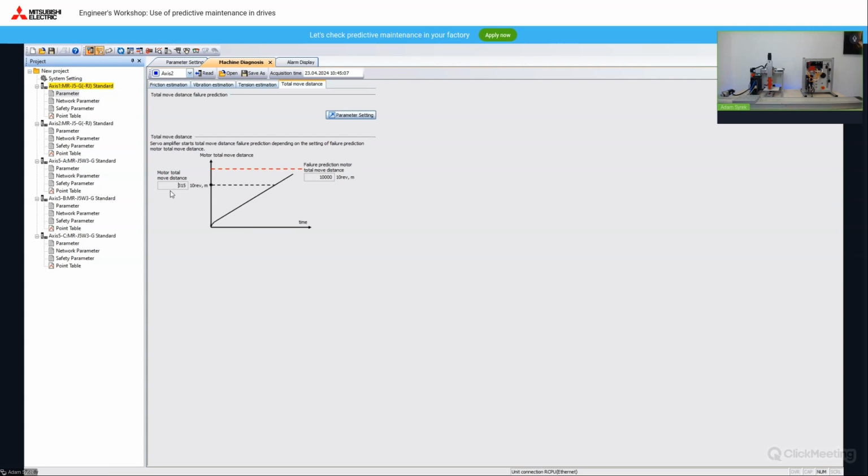Because here we have the red value. Let me start this axis, axis number 2. Almost good.